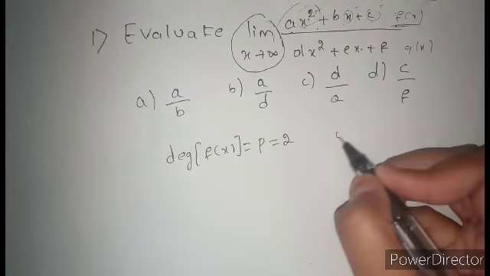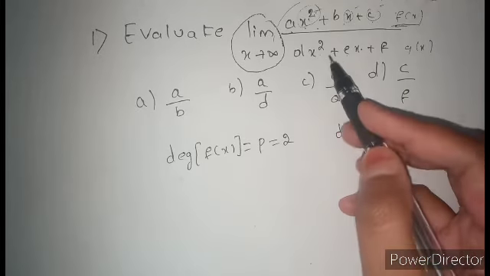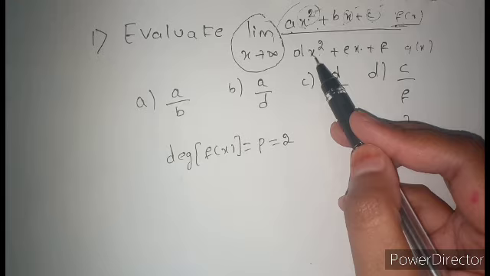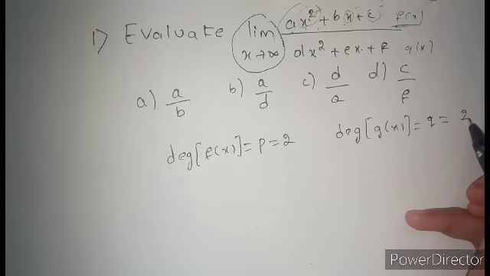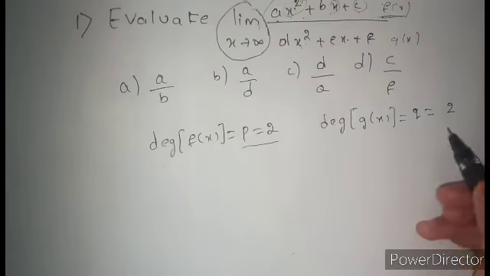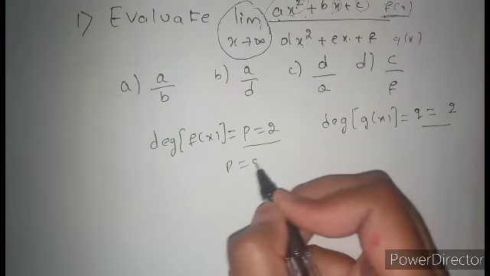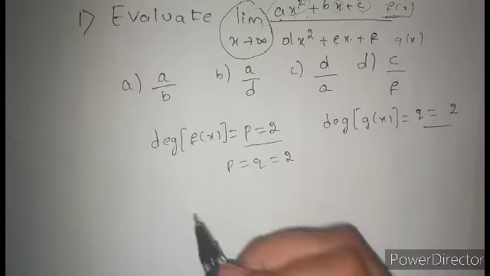Again the degree of g of x, see highest power is 2, so the degree of g of x in general is q, here q is 2. Now observe, here p is 2, q is also 2. p and q are equal here. So if p and q are equal, we have to apply which condition? The third condition, right? We have to apply the third condition here.